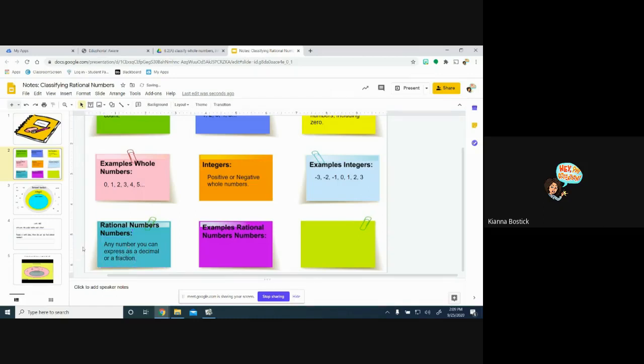Rational numbers are any number you can express as a decimal or fraction. What I mean by that is it's any number you can represent or put as a decimal, fraction, or percent. I should add that in. Decimal, fraction, or percent.